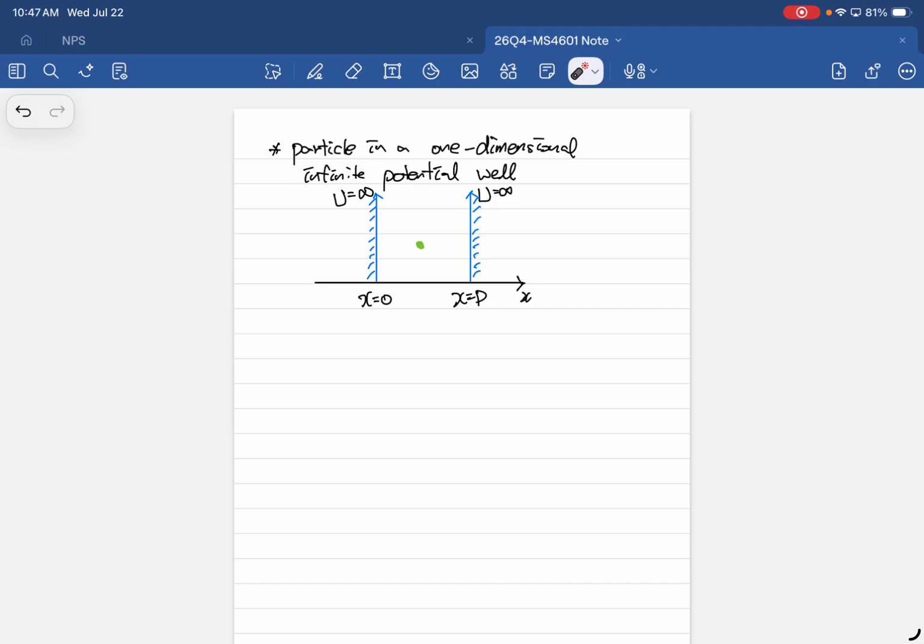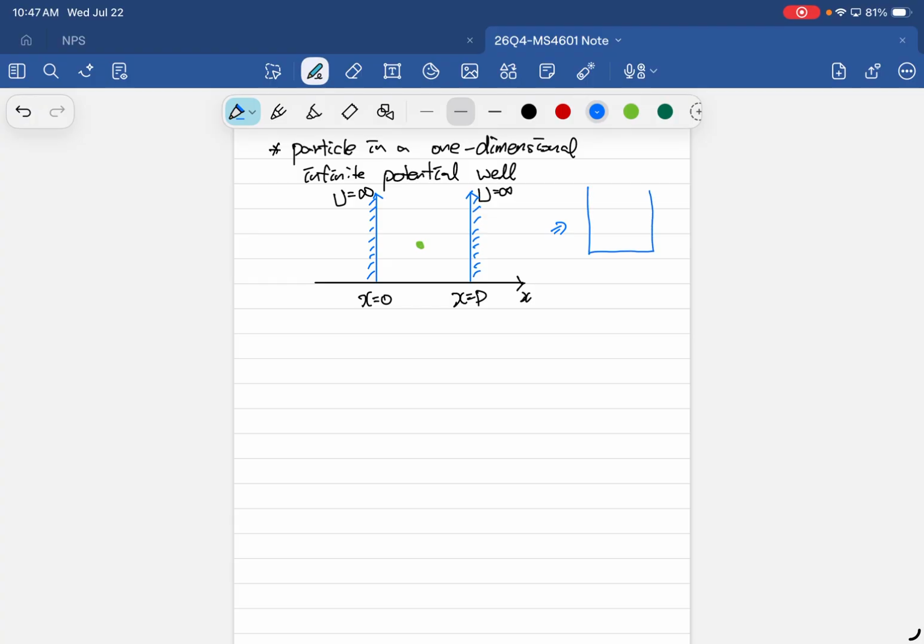It's the same as a bucket, but the wall is infinitely high, and we put the particle inside. Does that make sense? Okay. Then we are going to look at the Schrödinger equation. Again, we simply write down d squared psi over dx squared plus U psi equals E psi.